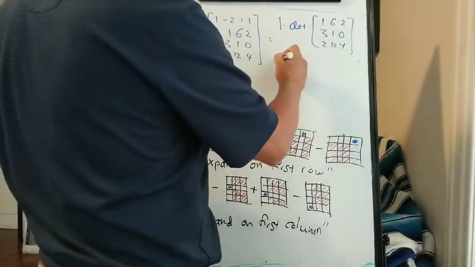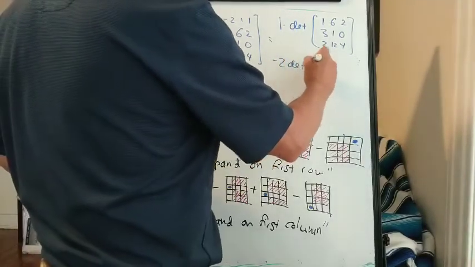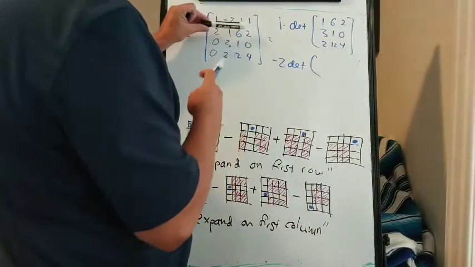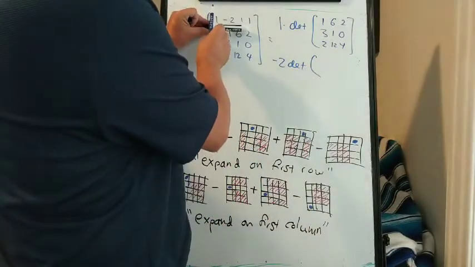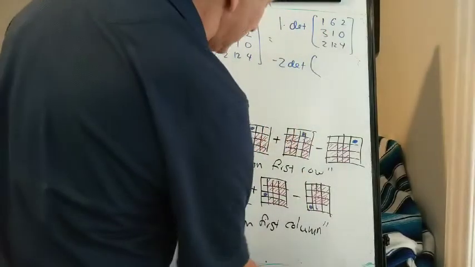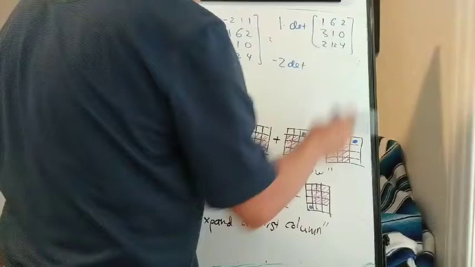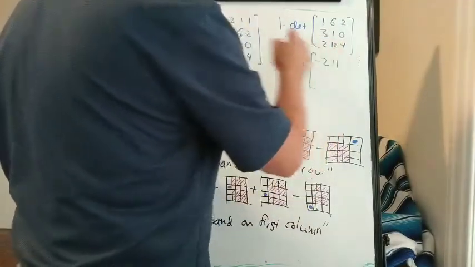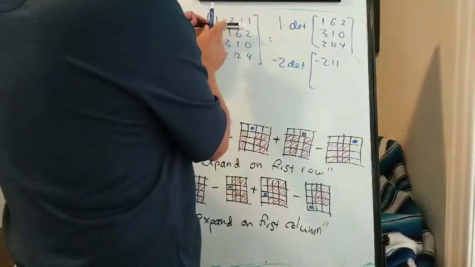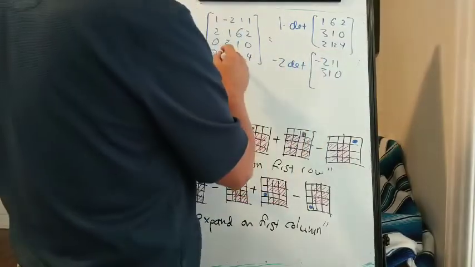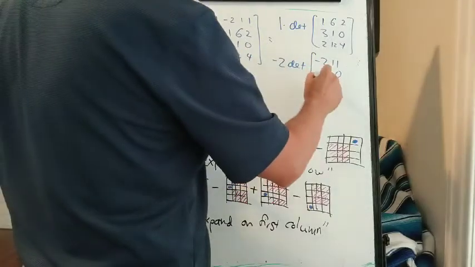Minus 2 times the determinant of, so we'll get rid of the row and column containing that 2, -2, 1, 1; 3, 1, 0; 2, 12, 4.